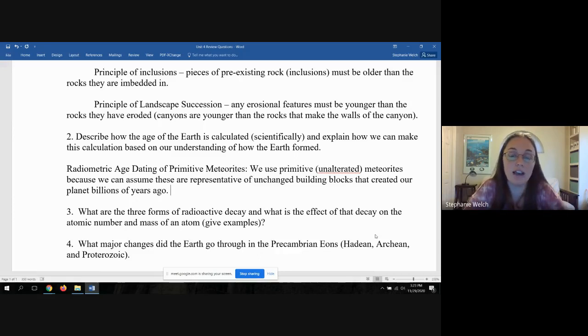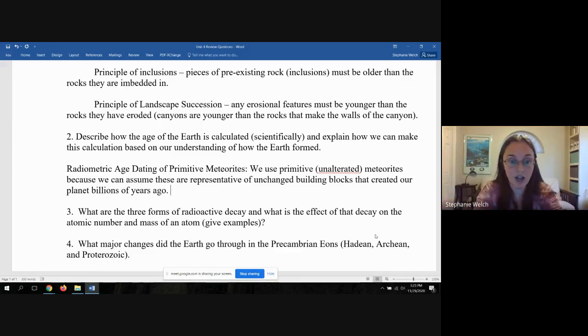We can use that as a clock that started at the time when that primitive meteorite formed, around the same time that the Earth was forming. It started at that point and has been decaying ever since. And you can use the amount of decay that has taken place to come up with an age of not just that meteorite, but of the Earth and the solar system.